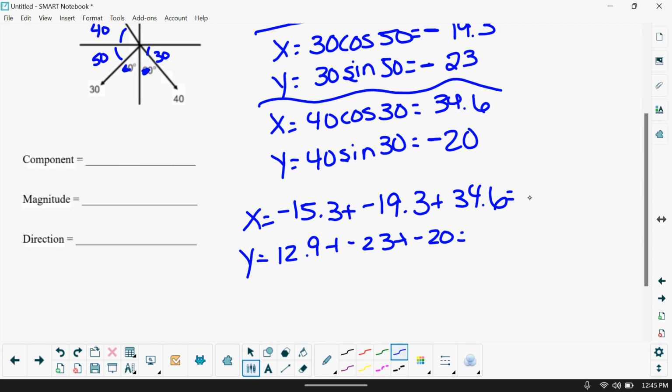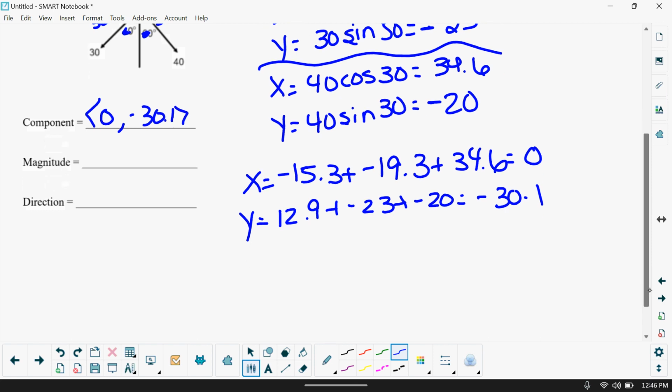So negative 15.3 minus 17.3 plus 34.6. Wowzers, we get 0. 12.9 minus 23 minus 20, negative 30.1. So here we go. The component form is 0 and negative 30.1.